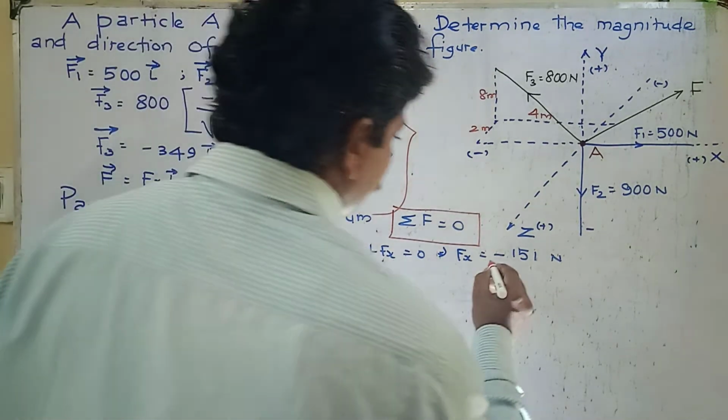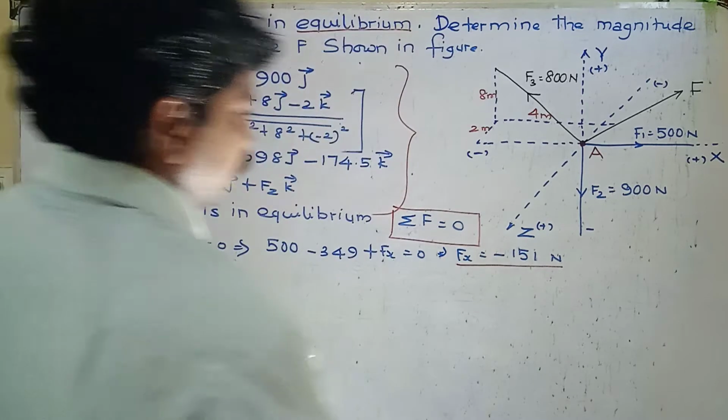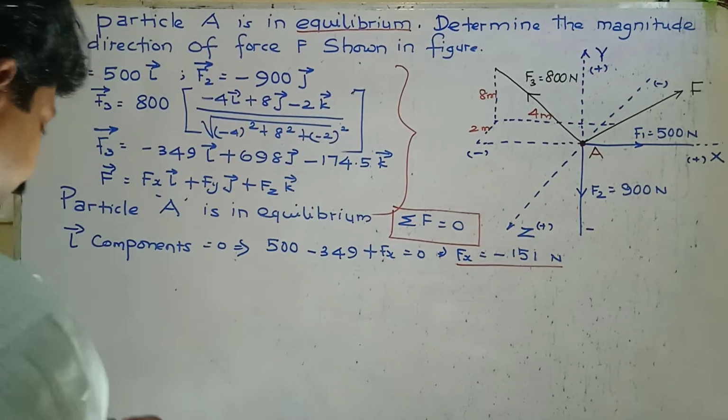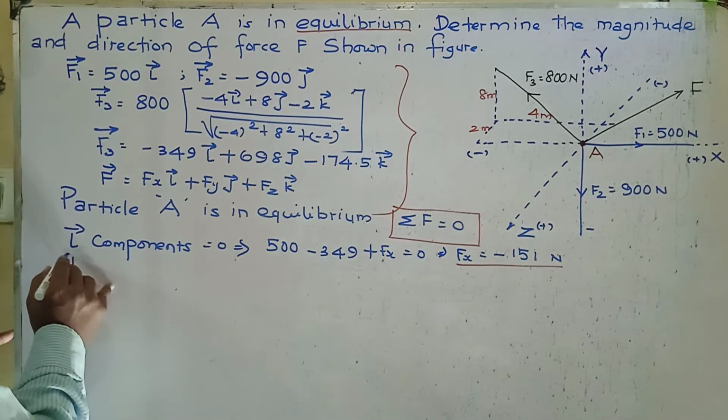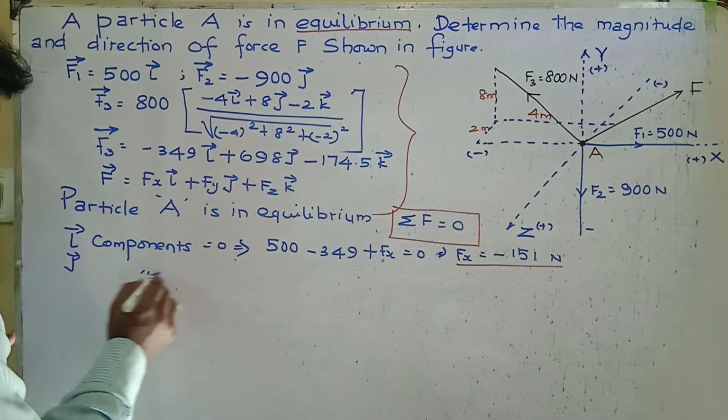Similarly, equate the j vector components to 0.